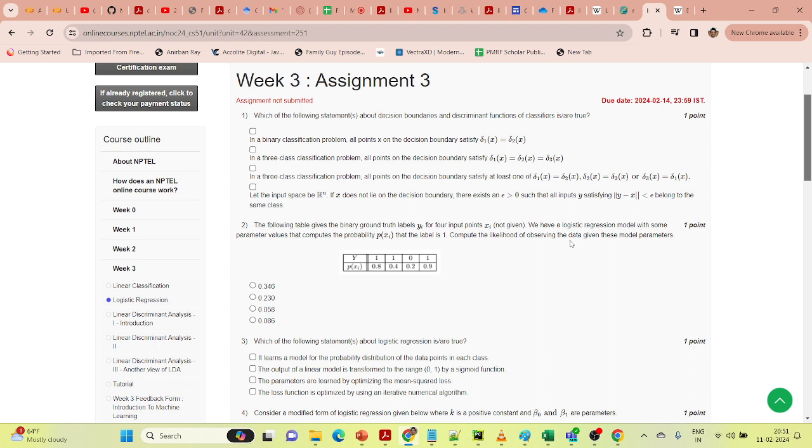Probability the class label is 1. 4 input points. Likelihood of observing data given these model parameters.